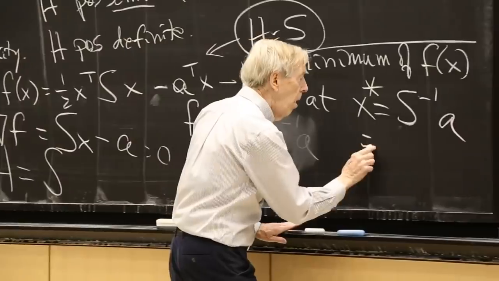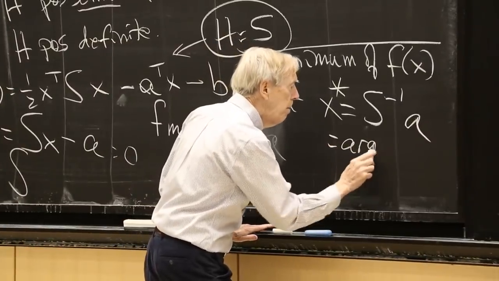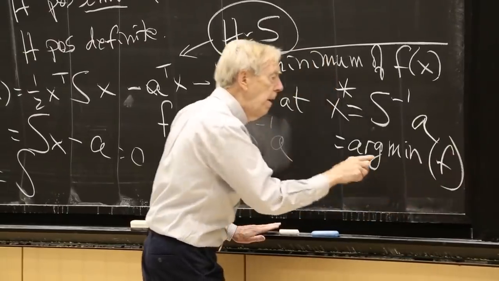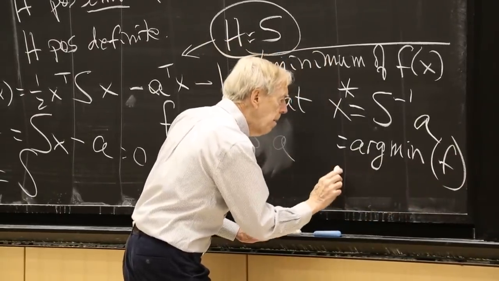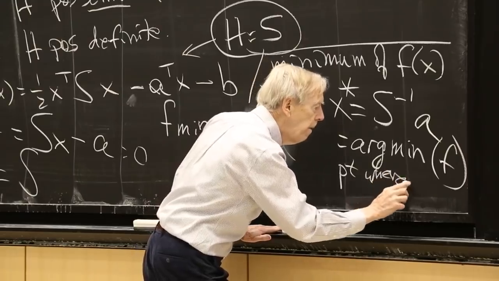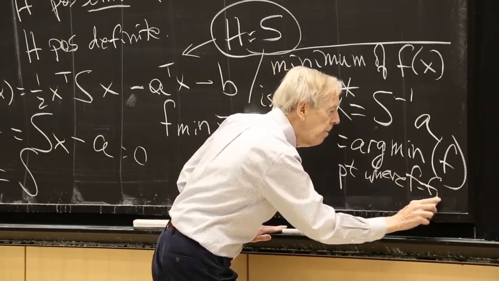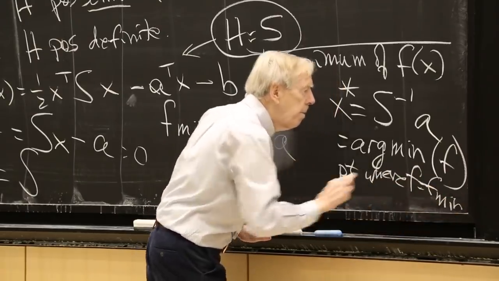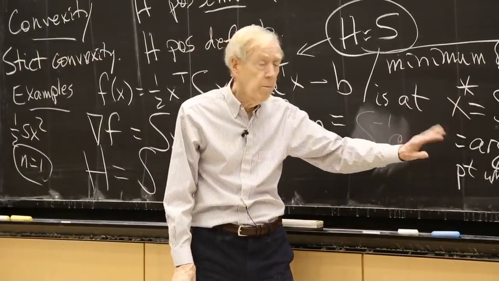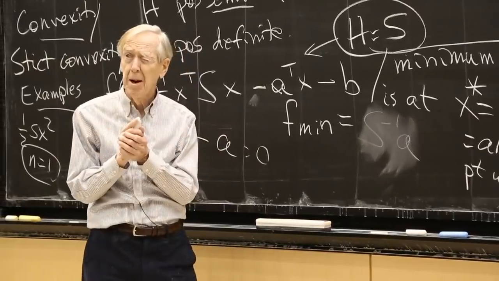Arg min of my function. And that means the point where f equals f min. I haven't said yet what the minimum value is. This tells us the point, and that's usually what we're interested in.